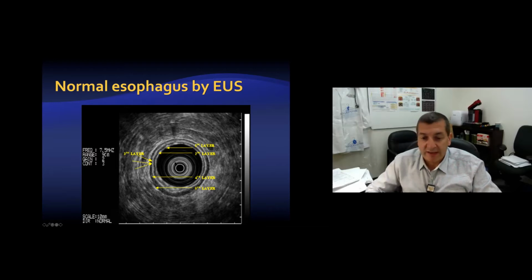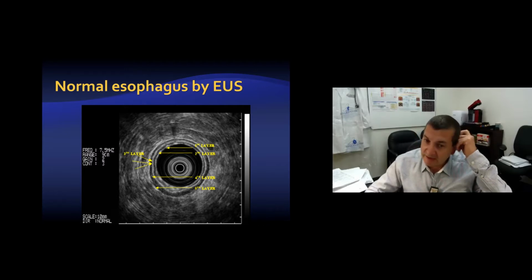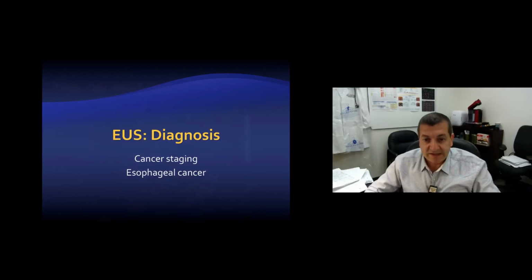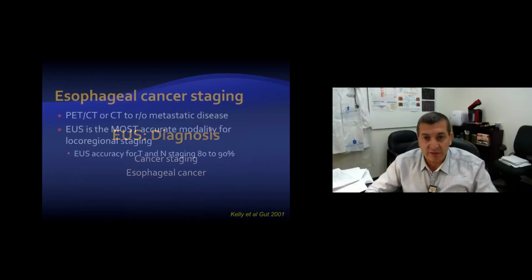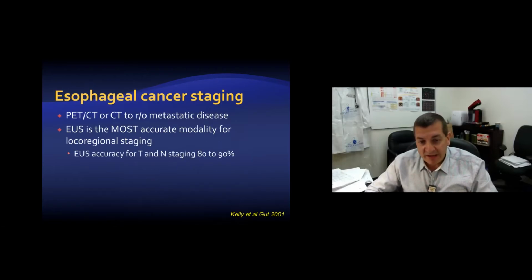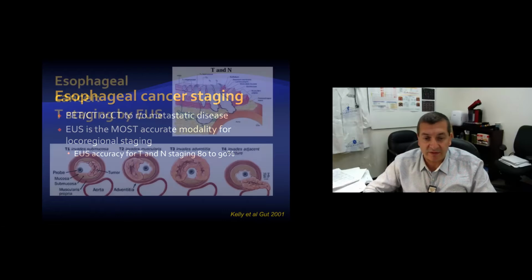Those are the layers that, when we stage cancer, we have to look at carefully to see which layer the cancer is invading and whether it goes beyond that layer. For example, in esophageal cancer, EUS is the best modality for TNM staging, and it can be accurate up to 90% of the time.